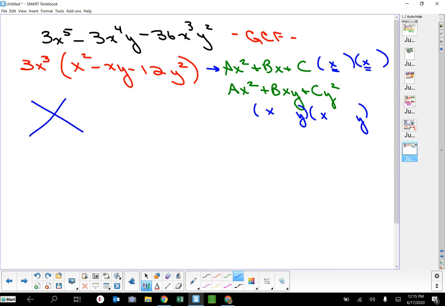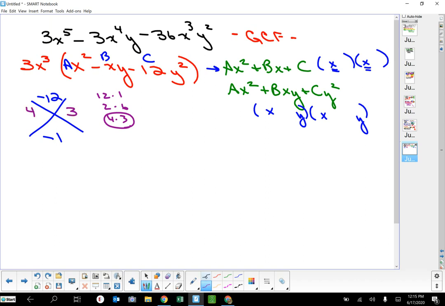So this is still your a, your b, and your c term. A times c is negative 12, b is negative 1. Things that are going to multiply to negative 12 are going to be 12 times 1, 2 times 6, 4 times 3. And it's pretty obvious here that the 4 and the 3 are going to be the numbers that we need.